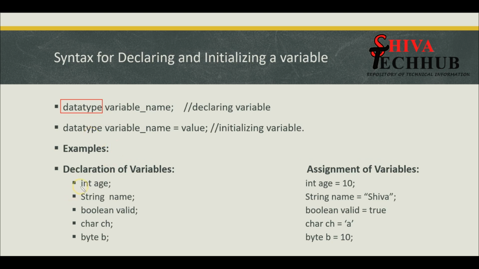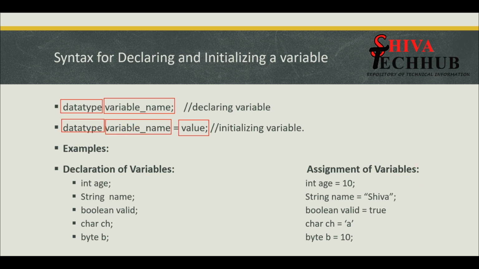It can be integer, string, boolean, character, byte, anything, and a variable name. It should have a proper variable name that defines what that variable is being used for. When it comes to initialization, the syntax is the same, just that we are going to assign some value: data type, variable name equal to some value. This value depends on the type of the variable that you are using.